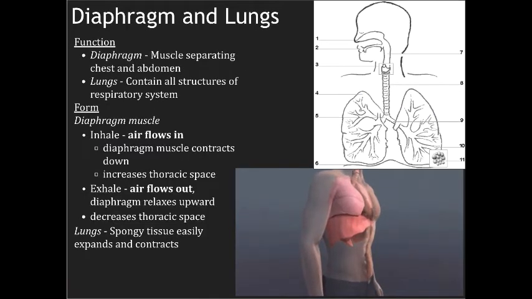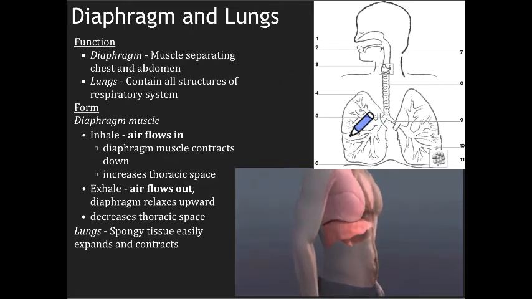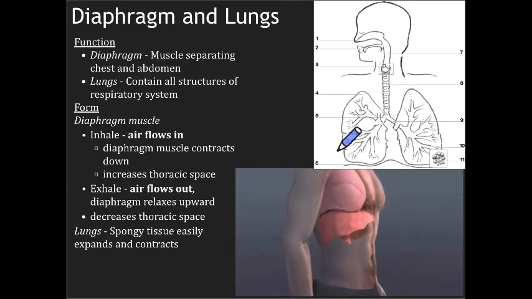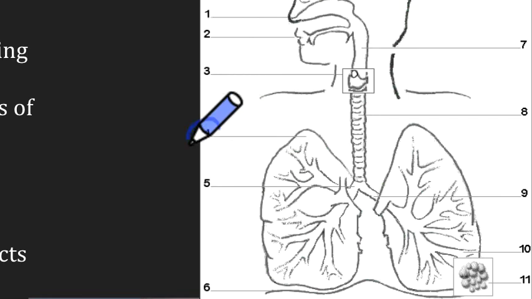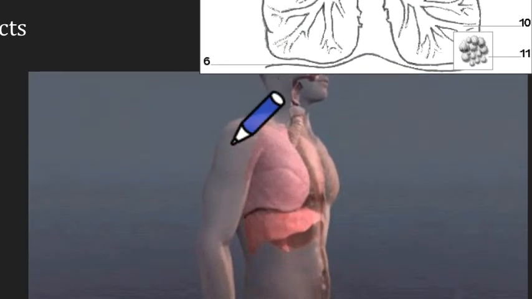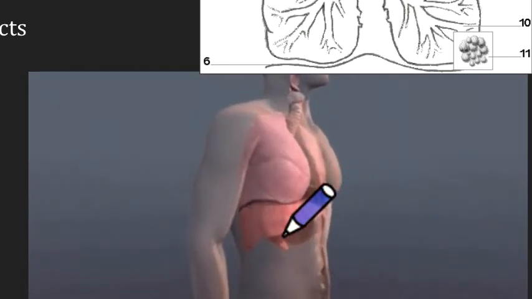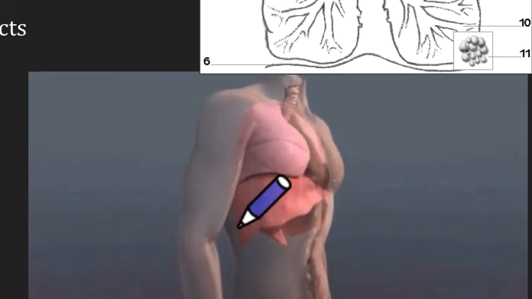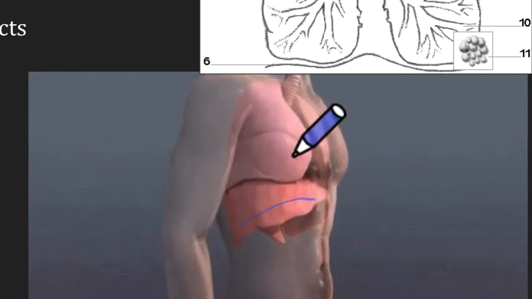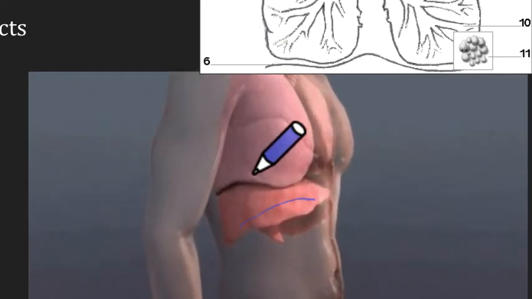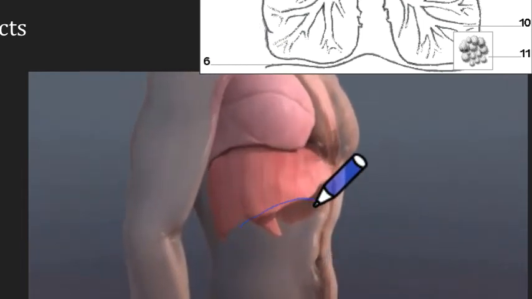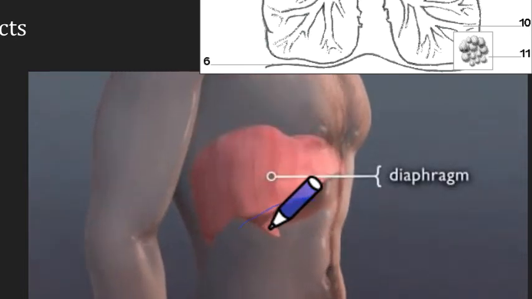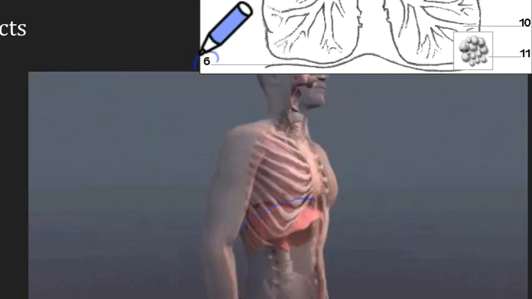The final structures that are important would be the diaphragm and the lungs. The lung itself on this diagram would be the right lung, number 4. But you can see in this animation we get the diaphragm in the structure here and the lungs here. The lungs expand and contract, we know that, but the reason for that is the muscle that's running the whole show, which is hardly in this picture here.